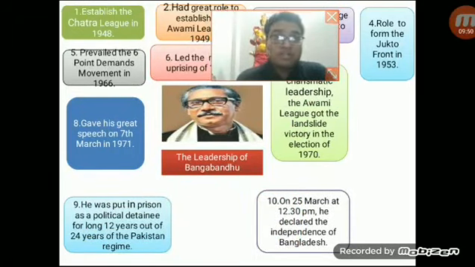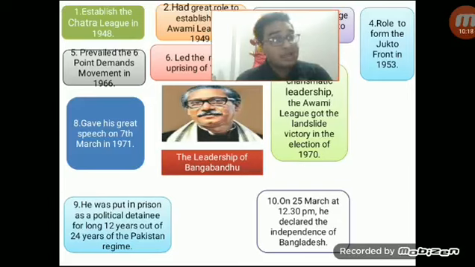Next, on 25 March at 12:30 a.m., he declared the independence of Bangladesh. On 25 March, the Pakistani rulers started Operation Searchlight and began to kill our innocent people. They arrested our great leader Bangabandhu Sheikh Mujibur Rahman and took control of all the administrative system of East Pakistan.